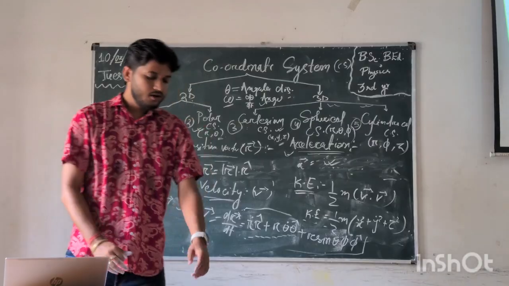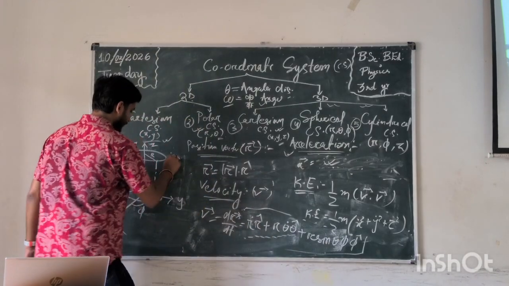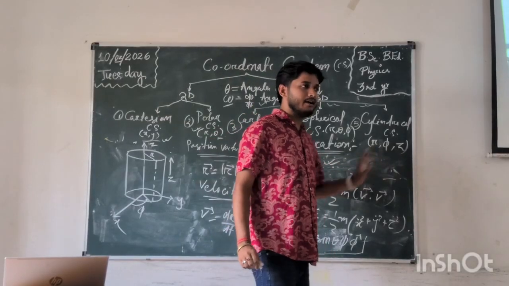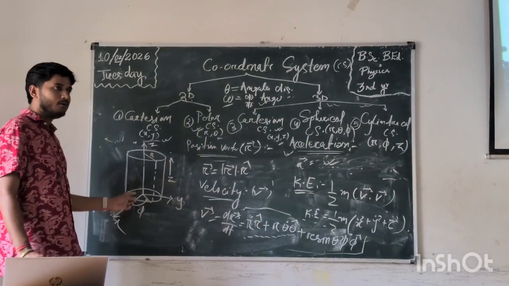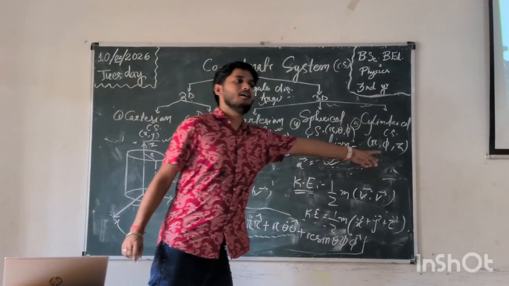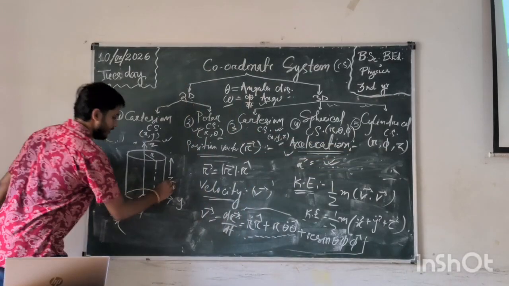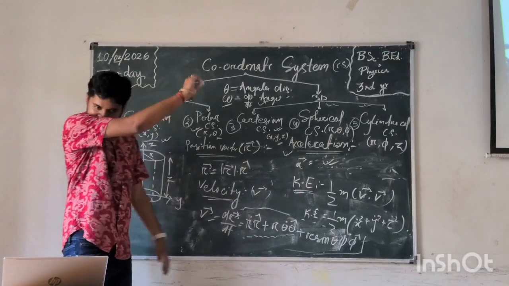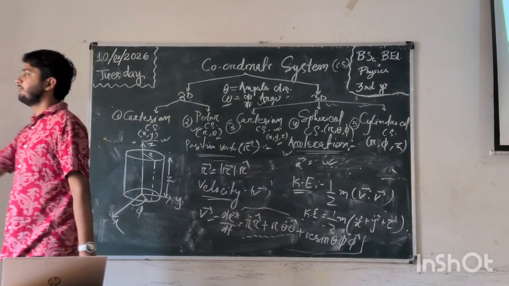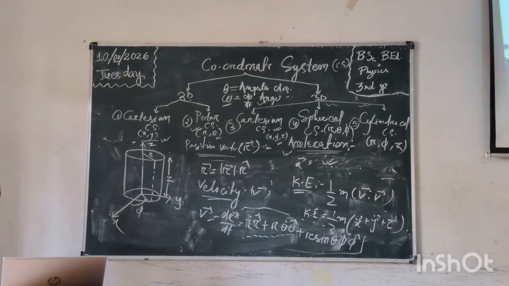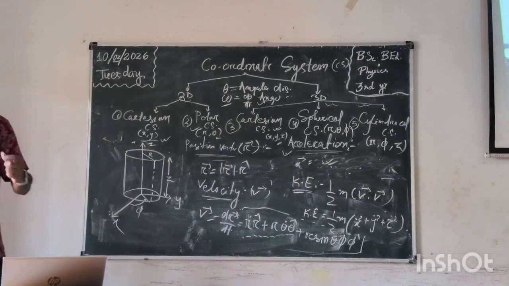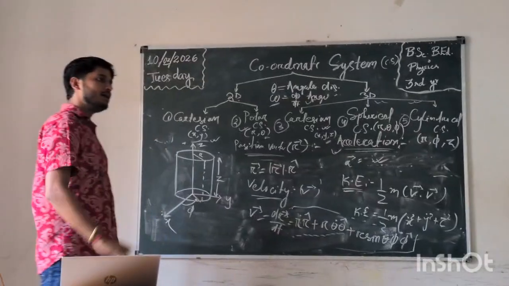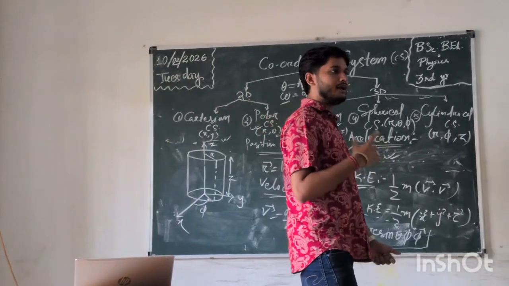This height is z. We have to write in terms of r, phi, and z. Suppose this is the pole and this is the window, and I am rotating it 360 degrees. It will form a cylindrical coordinate system.